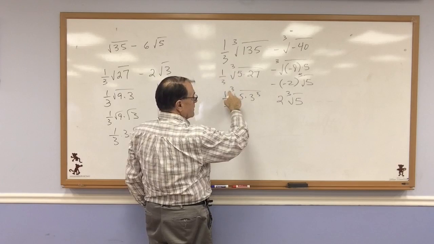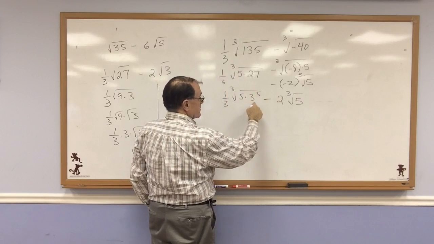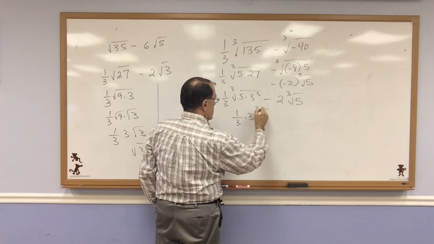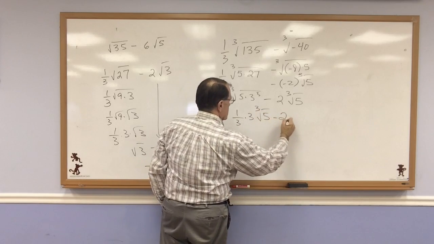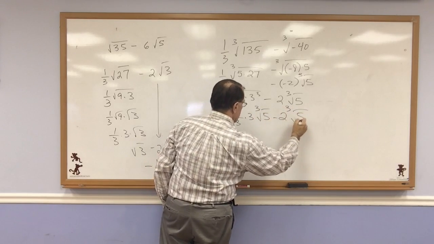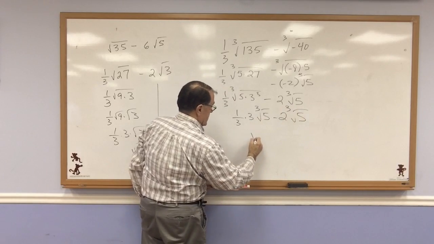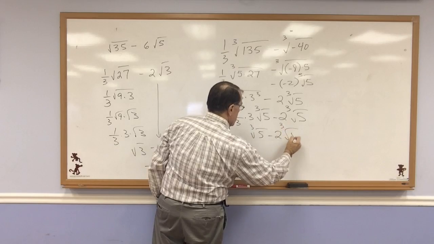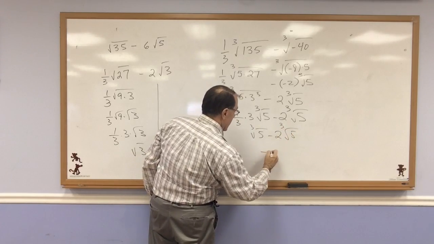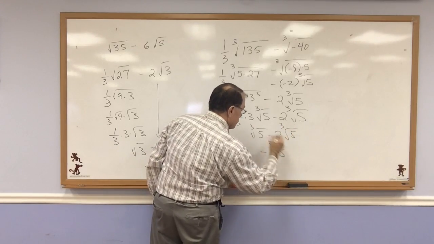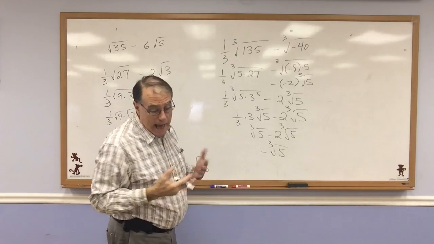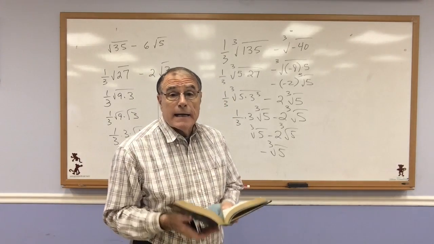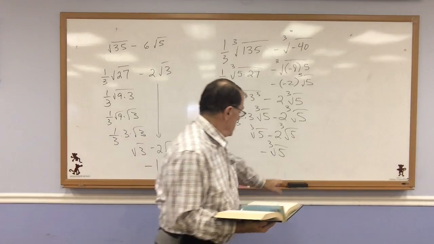The cube root of 3 to the 3rd is 3, so I've got 1/3 times 3 times the cube root of 5 minus 2 times the cube root of 5. Hence, the cube root of 5 minus 2 times cube root of 5, leaving me with negative cube root of 5. Again, adding and subtracting, I must make certain the radicands are the same.